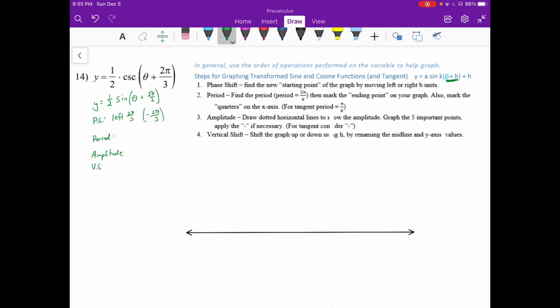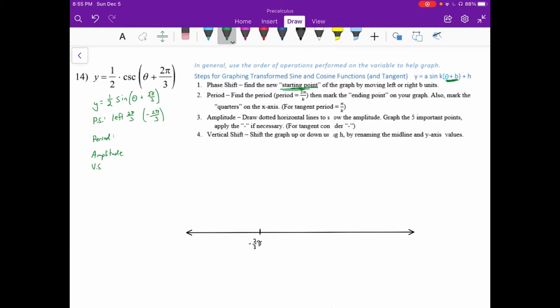So we're going to put that as our starting point. Notice I haven't put the x-axis on here, so I'm going to put negative 2/3 pi. And that's our starting point.